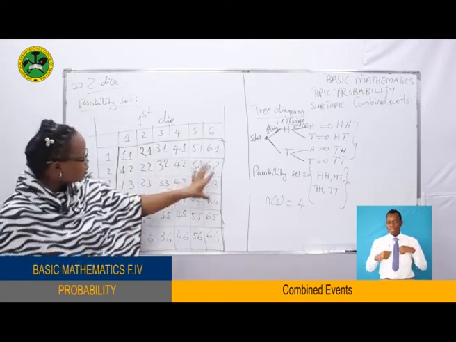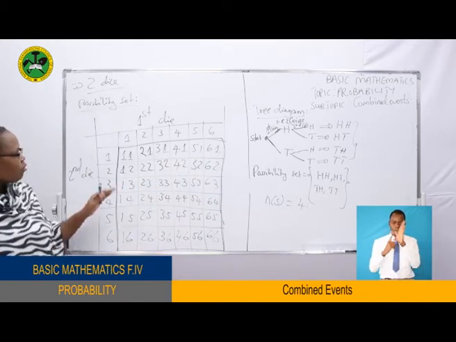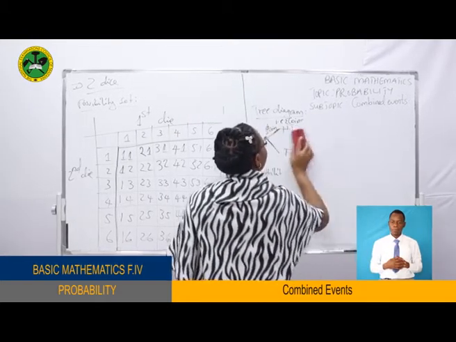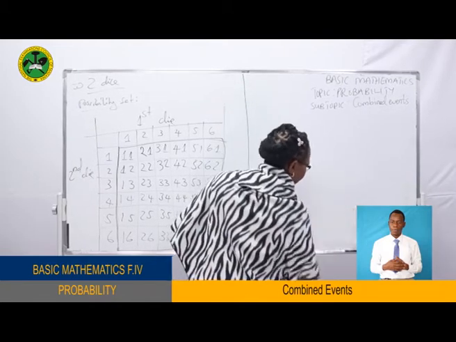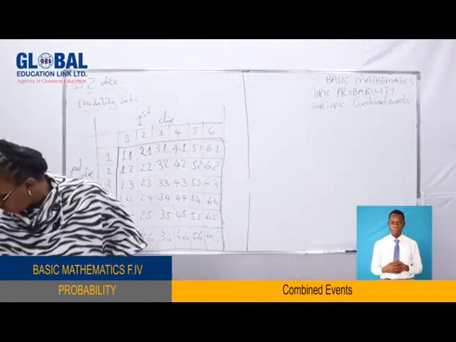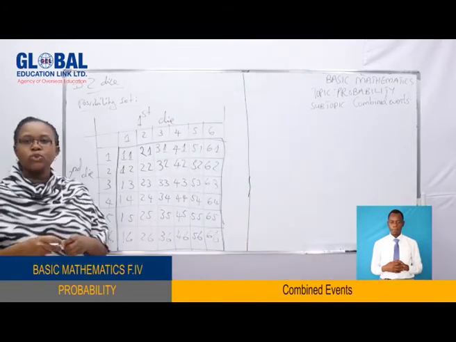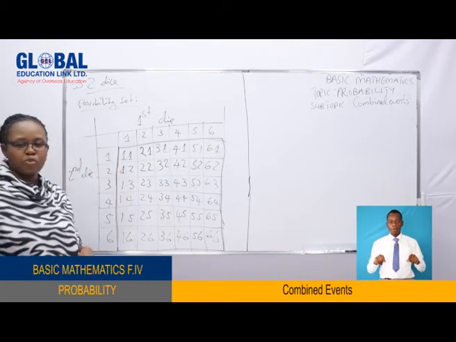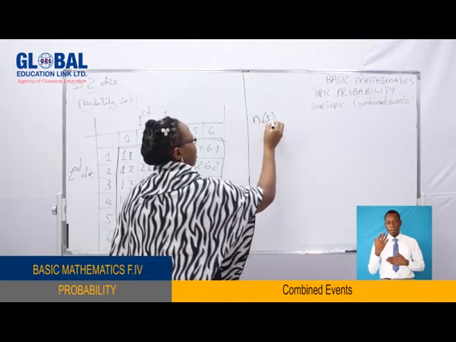So if all of these are the possibility set, then what is the number of possibility set? My dear students, from this table we will obtain the number of possibility set.